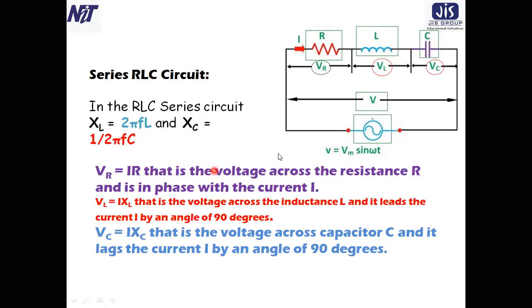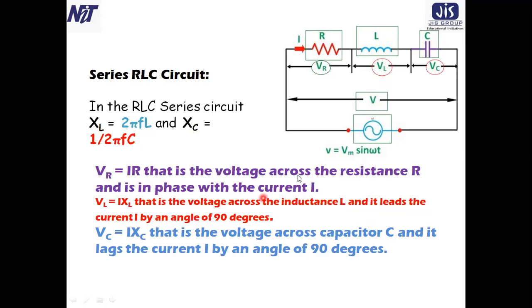What is VL? VL is the voltage drop across the inductor. We know that VL equals IXL, the voltage across the inductor L, and it leads the current I by an angle of 90 degrees.